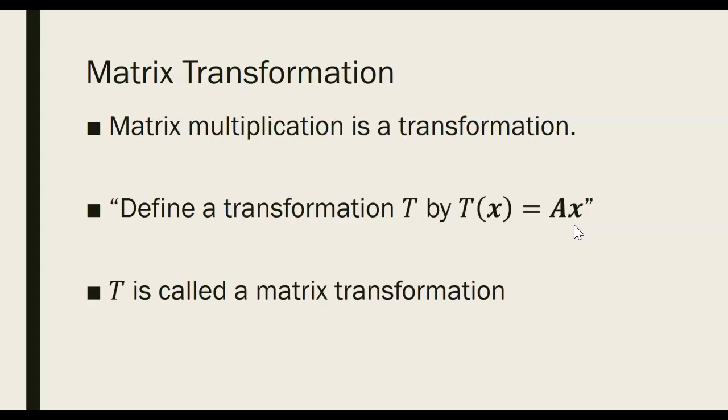So if our transformation is defined by some sort of a matrix multiplication, then we call T a matrix transformation. All right, so a matrix transformation is a transformation that is defined using matrix multiplication.